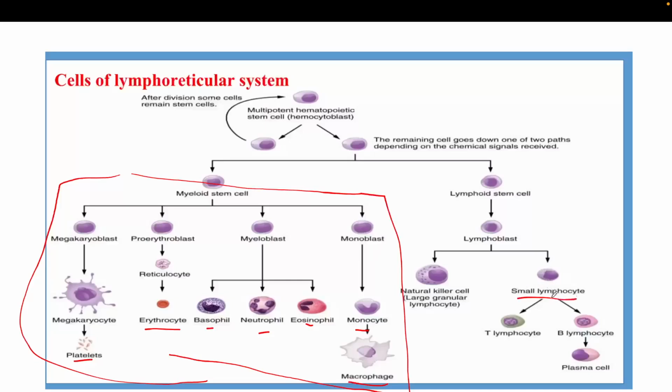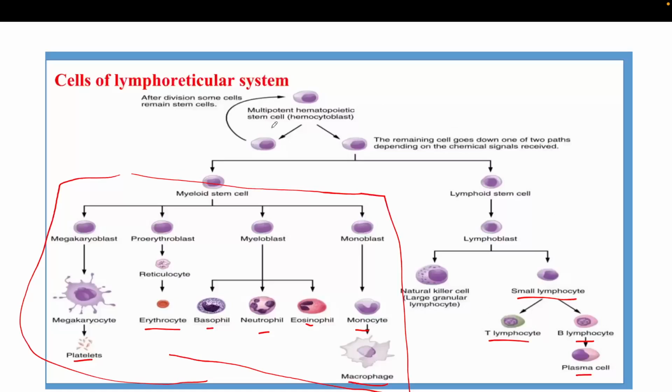This small lymphocyte progenitor cell is further divided into either T lymphocyte or B lymphocyte. If it is converted into the B lymphocyte, then finally it will give you the plasma cell or memory cells. If the T lymphocyte divides, it will give you either the CD4 or helper T cell, or it can give you the CD8 or cytotoxic T lymphocyte.